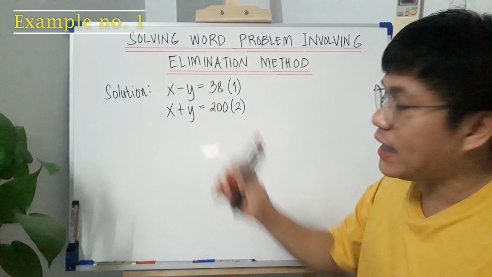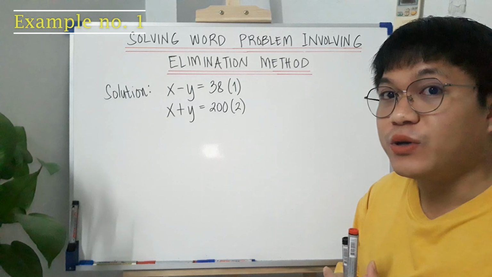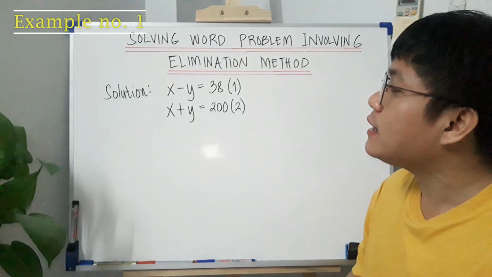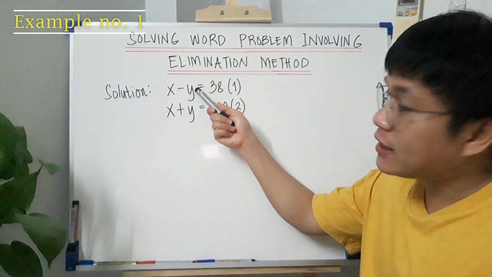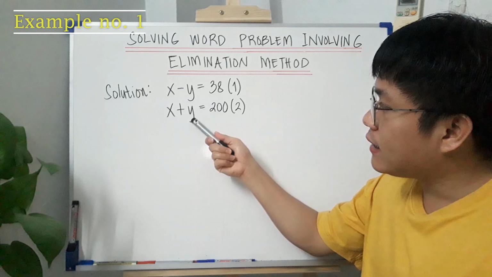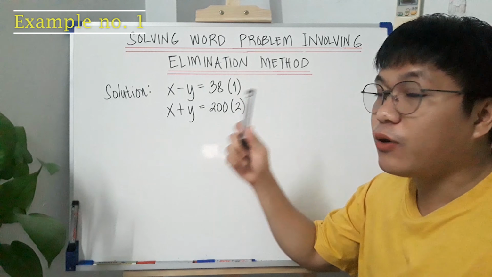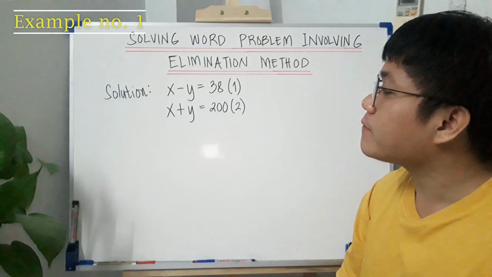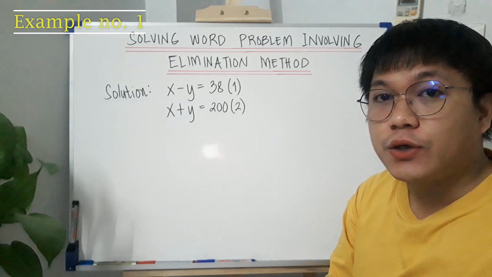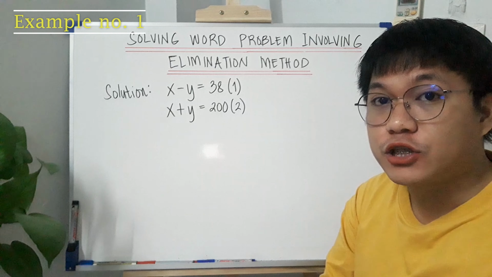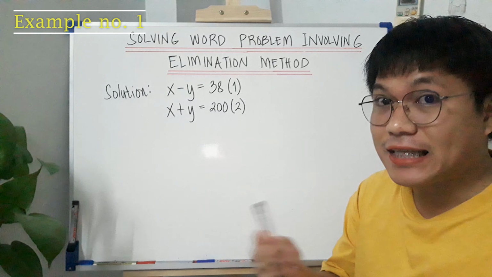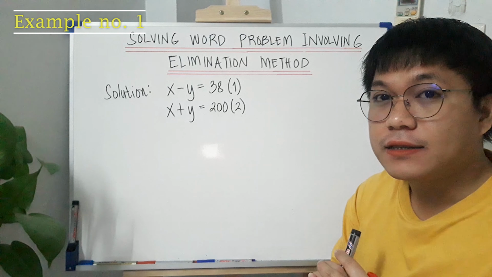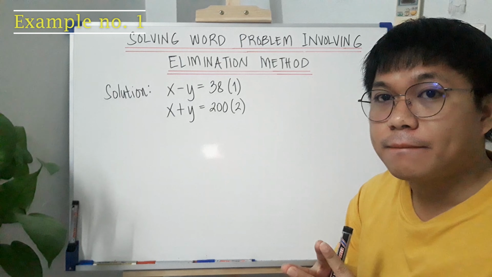So we have here y, and then check whether their coefficients are numerically equal. The coefficient of y in equation number 1 is 1, and also in equation number 2, the coefficient of y is 1. So there's no problem with that. The next thing to do is to decide what particular operation you are going to use, either addition or subtraction, just to eliminate y.